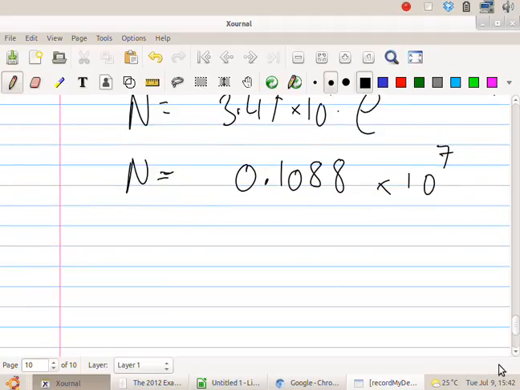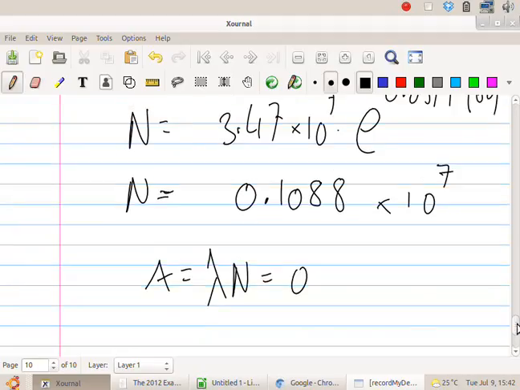Now, finally, now that I have the N, I can go back to my formula that says A equals lambda N. Lambda is 0.0577 and the N is right there.